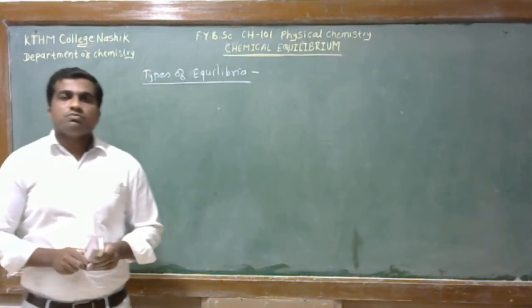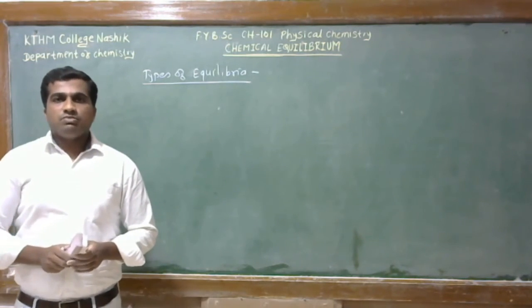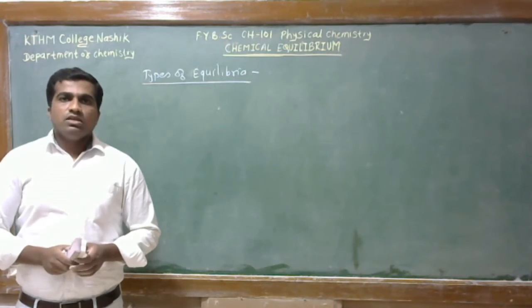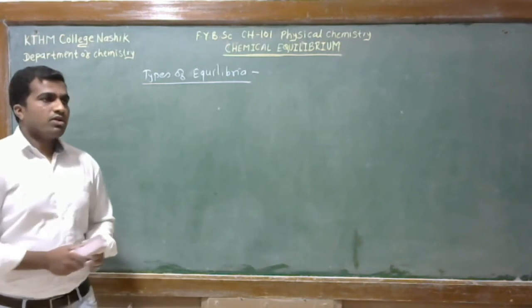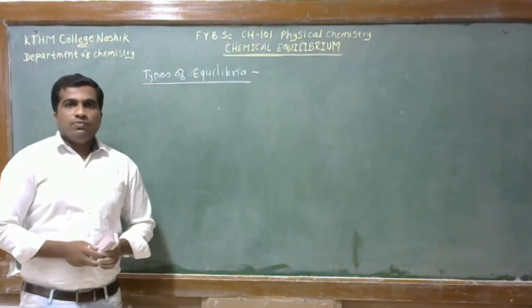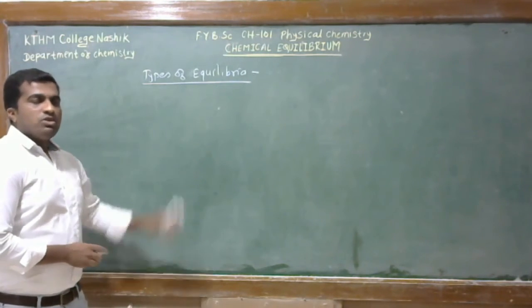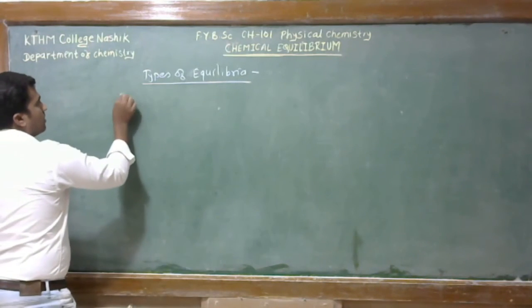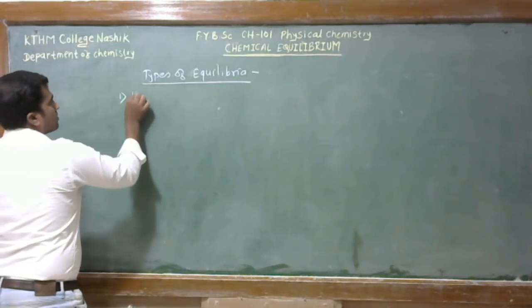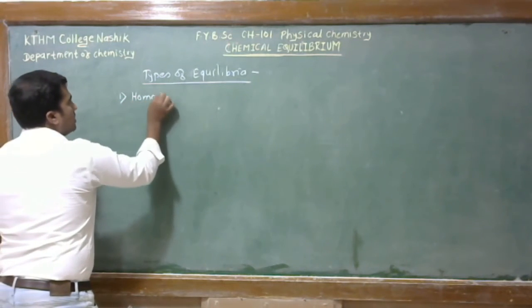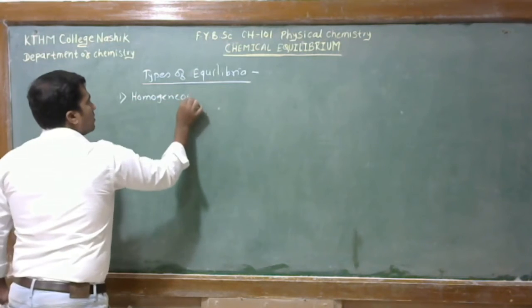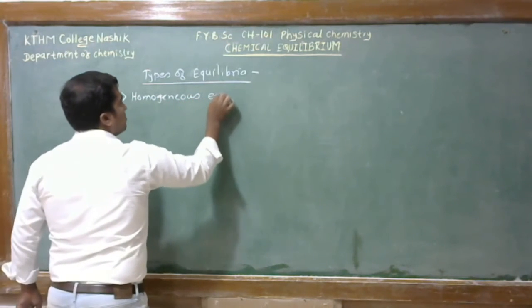First type is homogeneous equilibrium and second one is heterogeneous equilibrium. Okay. So let's have a look first at homogeneous equilibrium.